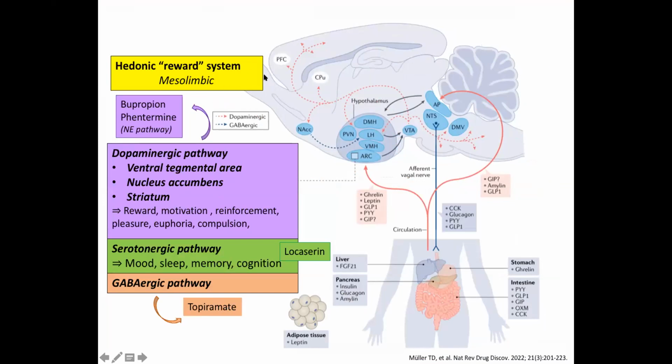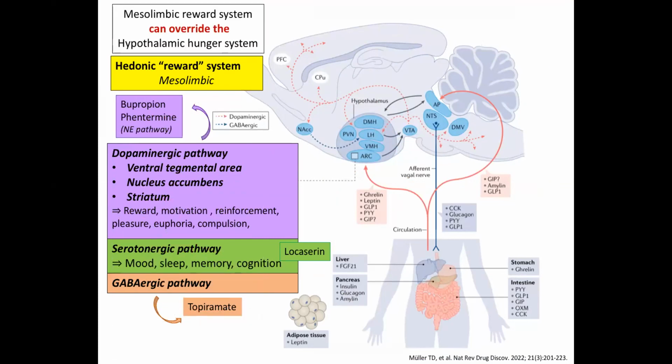And this system is influenced by our dopaminergic and serotonergic pathways. And the reason I want to draw your attention to this is that the mesolimbic reward system is extremely important because it overrides the hypothalamic hunger system. So for example, after a meal, you may have reached satiety and be full, but you can always make room for dessert.